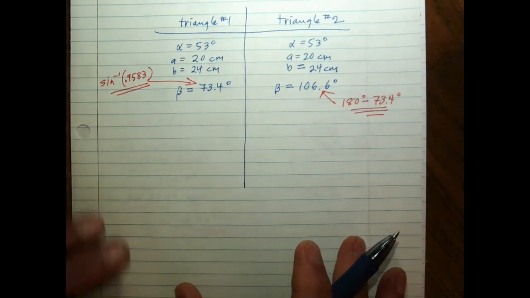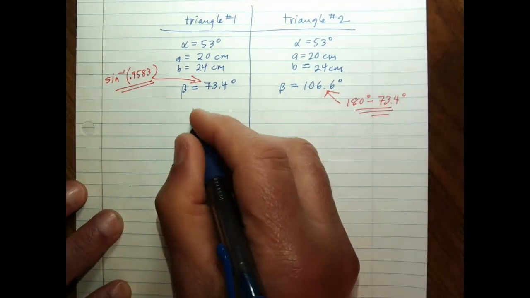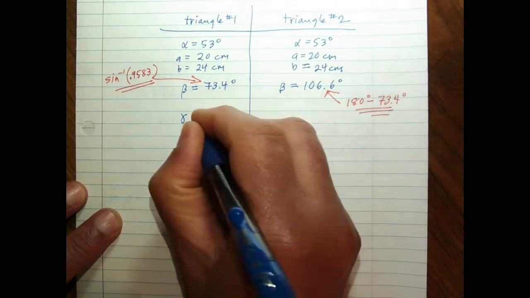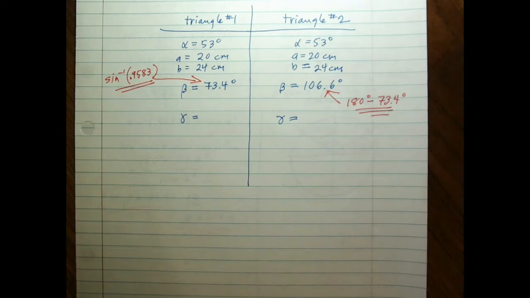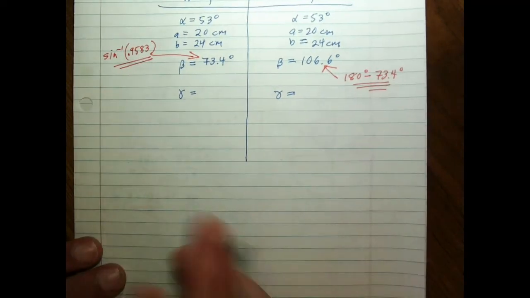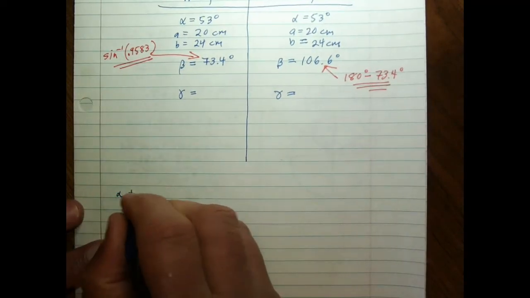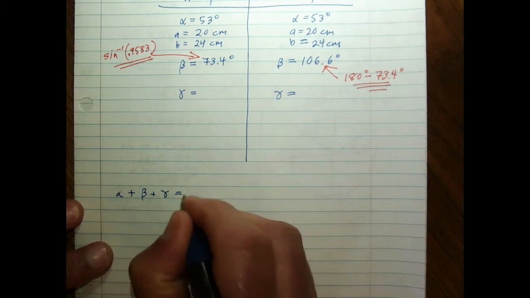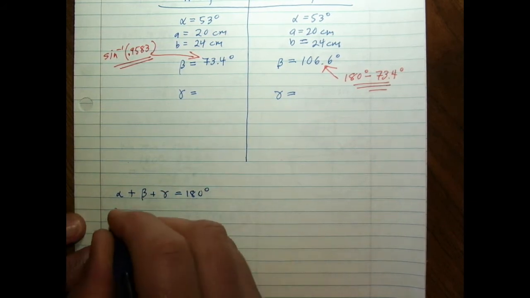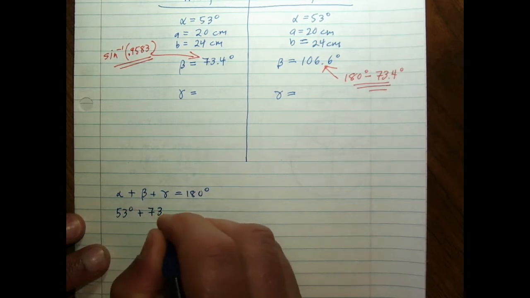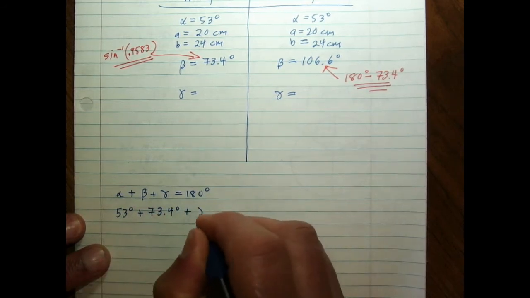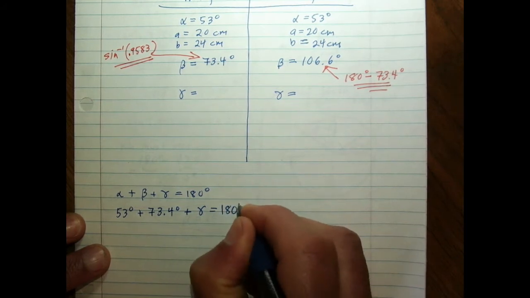Now, once we have alpha and beta, we can find gamma in each case, because for triangle 1, alpha plus beta plus gamma is 180, so 53 degrees plus 73.4 degrees plus gamma is 180.